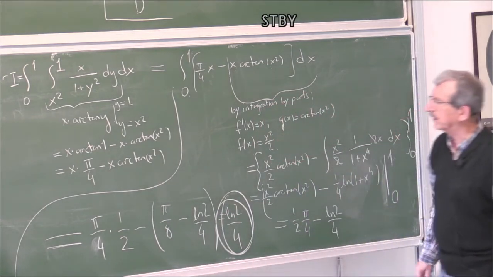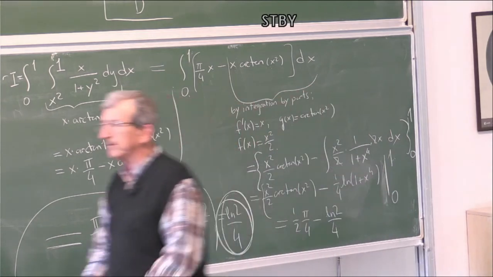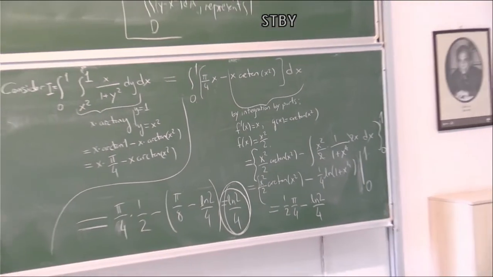So this is the answer. Pi over 8 cancel out. Okay, this was exercise in 119. Now, let us change the order.